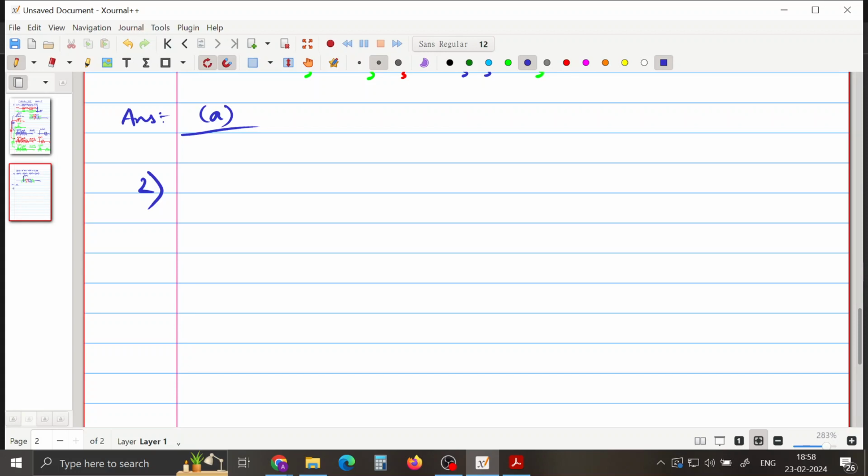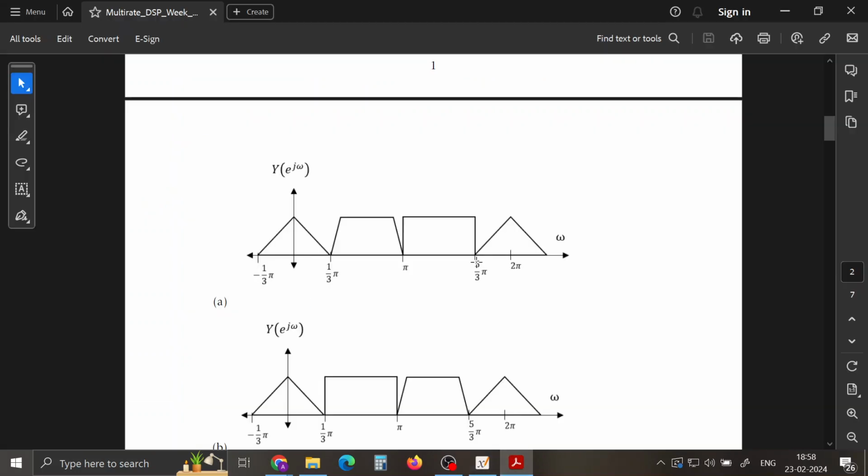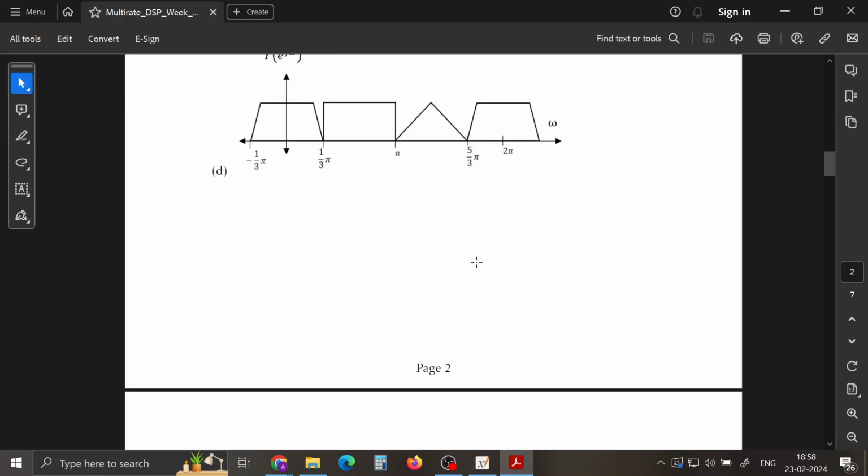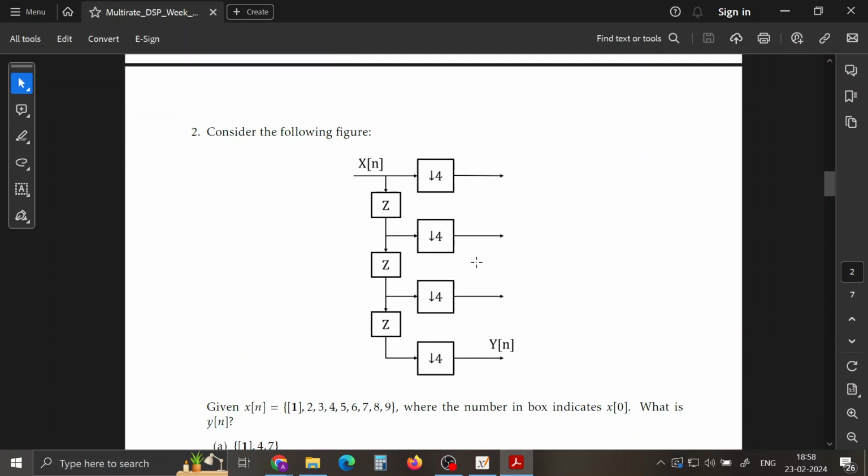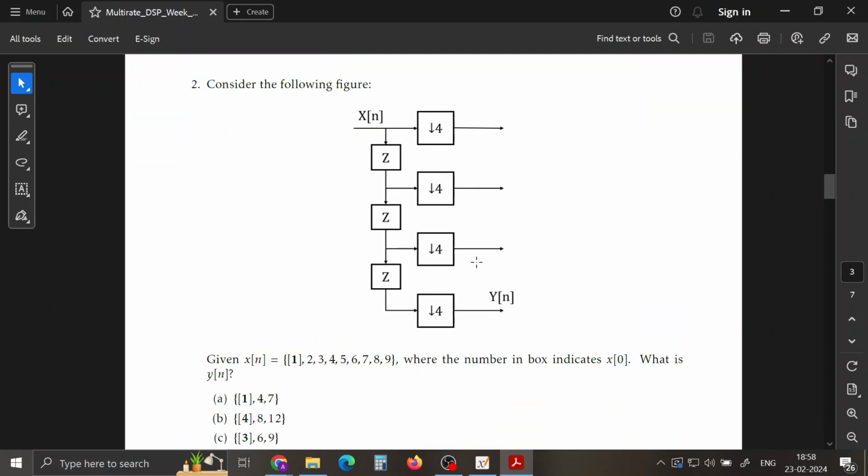Okay, now let's go to the second one. So second question. We are given this block diagram again. So basically there is a sequence of z blocks. Z means advance operator, advance by 1 unit of time.